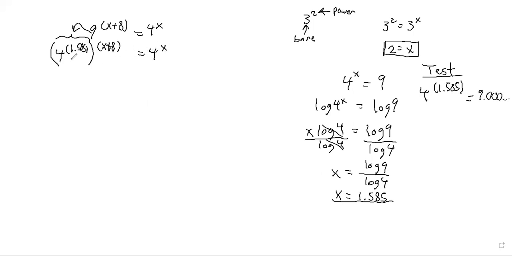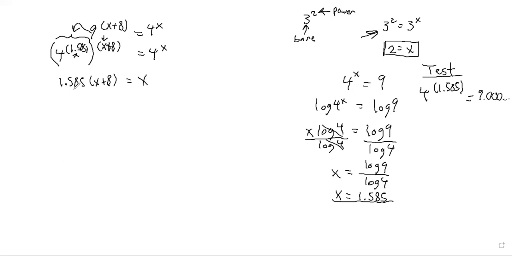Now we have both sides represented with a base of 4. And just as we did here, we can equate the exponents, remembering that we're multiplying when we're raising this power to another power on the outside. So it's going to be 1.585 times x plus 8 equals x.